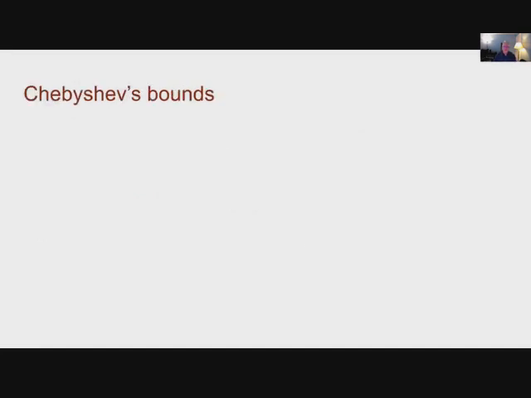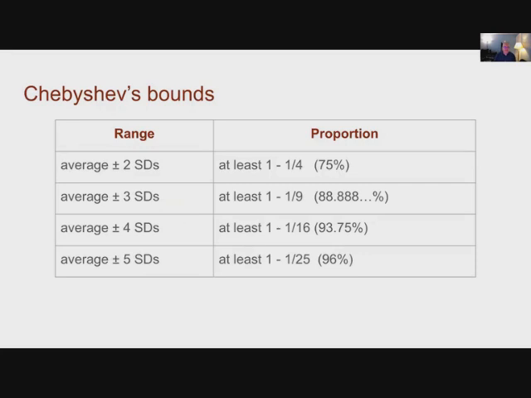If we see this for a couple of common standard deviations, we're looking at standard deviations from the mean. Plus or minus 2 standard deviations, plugging into that formula, 1 over 2 squared gives us 1 over 4, which is 25%, and 1 minus 25% gives us 75% of the data.